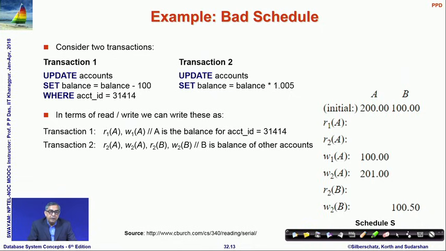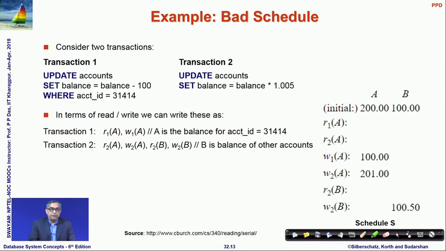R stands for read, 1 stands for transaction 1. We are reading the account balance A. Then, after having debited that locally, we have to write it back so that the changes happen. So, R1A followed by W1A is transaction 1, which is being shown on the left.